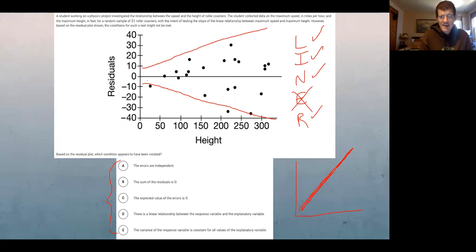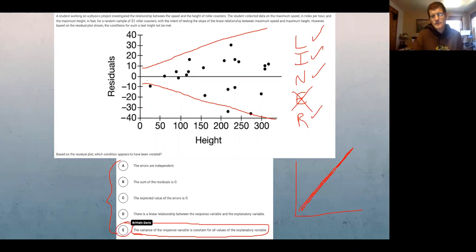They don't say this violates equal variance. They phrase it this way: the variance of the response variable is constant for all values of the explanatory variable. That is a condition that we should be meeting, but we don't meet it. So that's the one that we don't meet. I'll pause there because I'm not sure if that is completely making sense. If there's any questions, I'll pause.